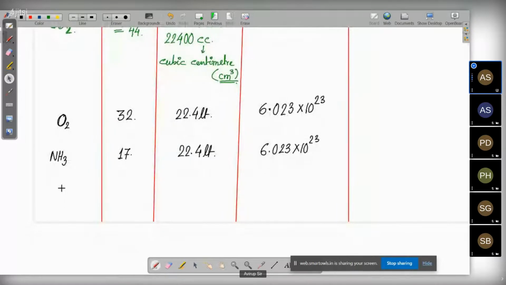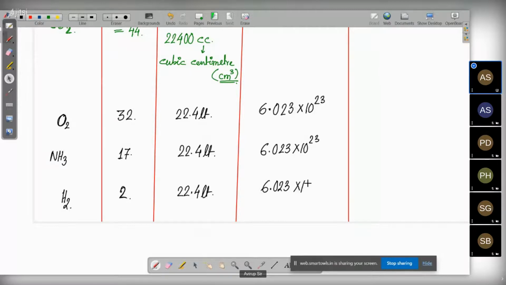If you take hydrogen also, what is the molecular weight of hydrogen? It is 2 grams. Now 2 grams of hydrogen has a volume of 22.4 liters. So one molecular weight of a substance is 22.4 liters, and how many molecules are there?